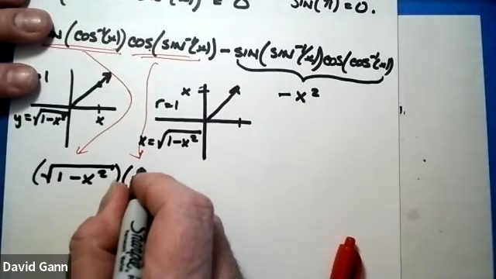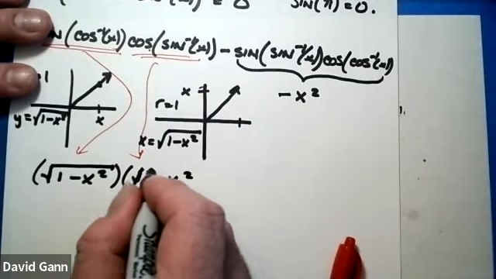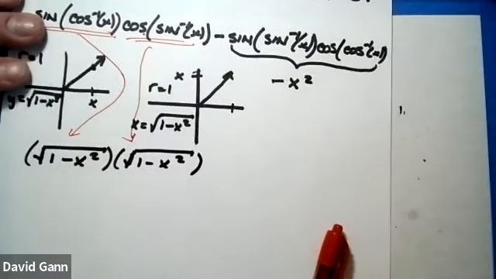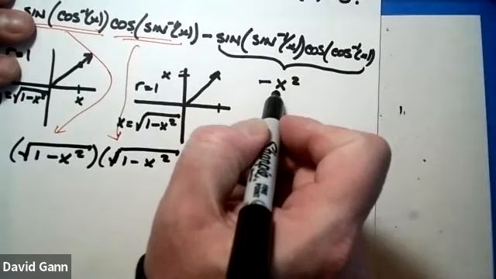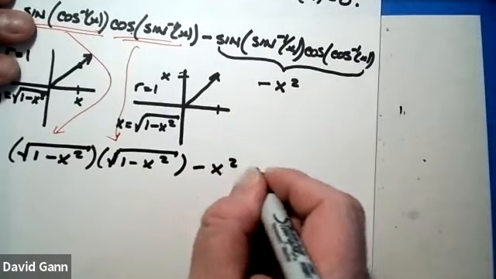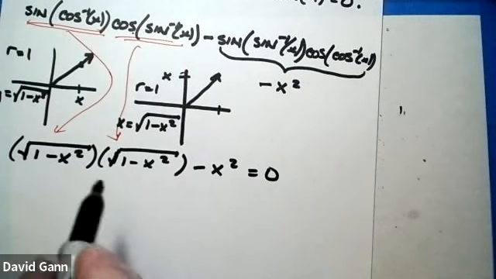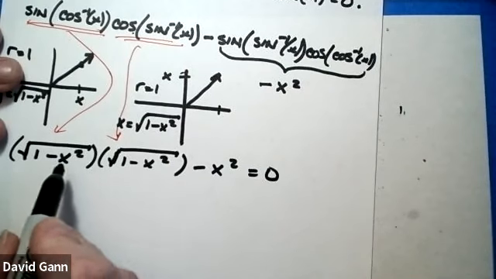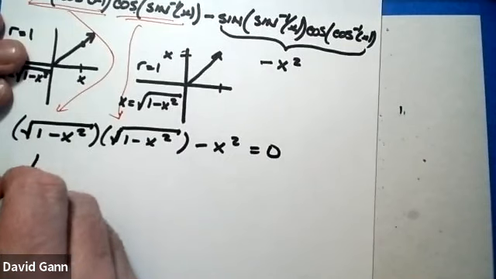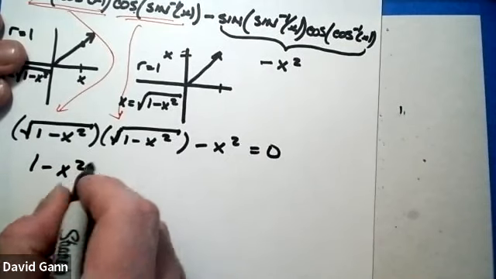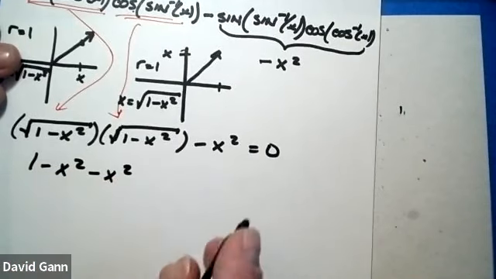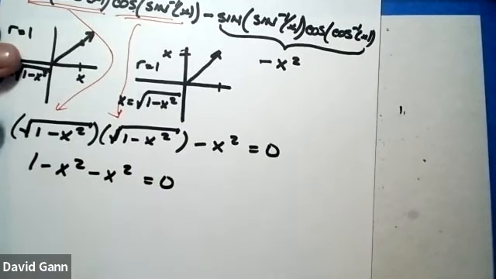Square root of 1 minus x squared. And then, of course, don't forget the minus x squared and what it's all equal to, which is 0. So when we simplify this, this is the square of a square root, you get 1 minus x squared minus x squared equal to 0.